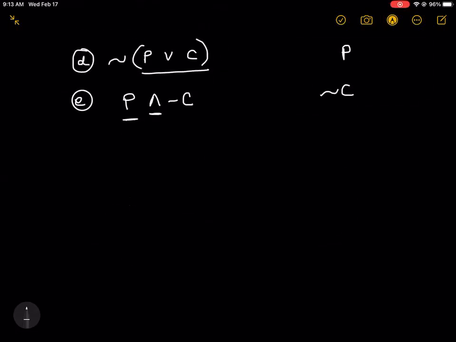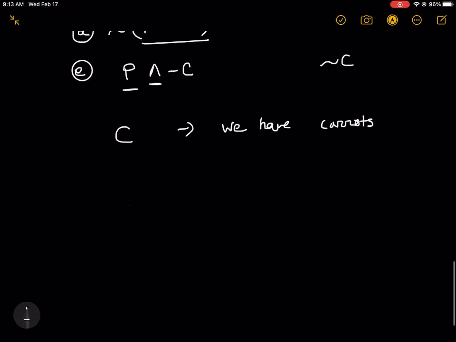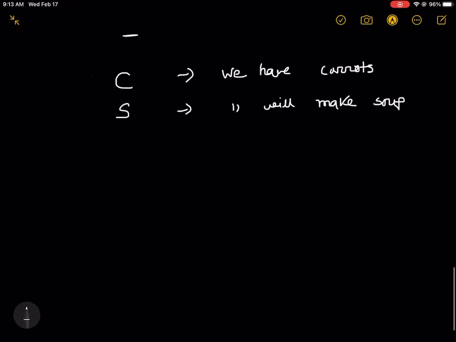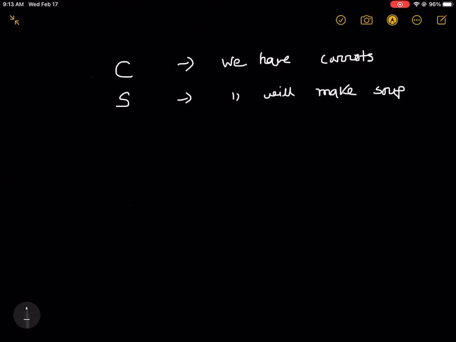So let's say C stands for we have carrots, and S stands for we will make soup. Now let's do it one by one, step by step. Let's say A says we have carrots.